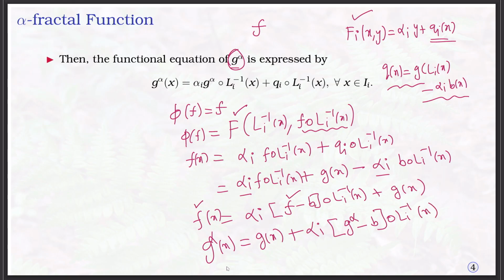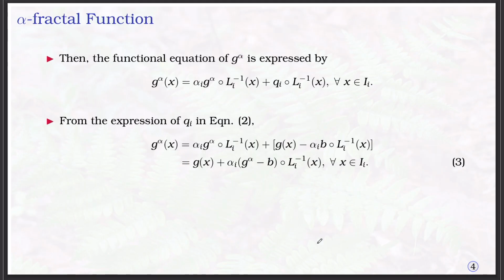Now that g alpha, the fixed point, that means the fractal interpolation for the given iterated function system, will satisfy this functional equation. So one can get this equation. Fine. Now one can observe that from this one can get this one.